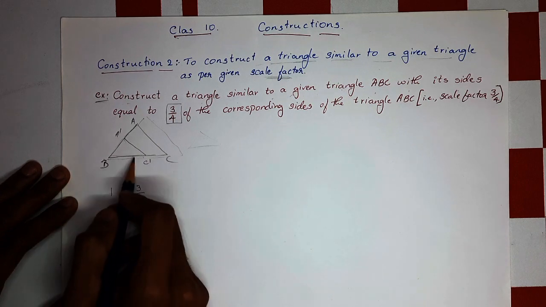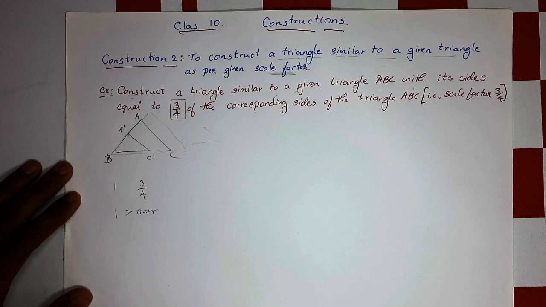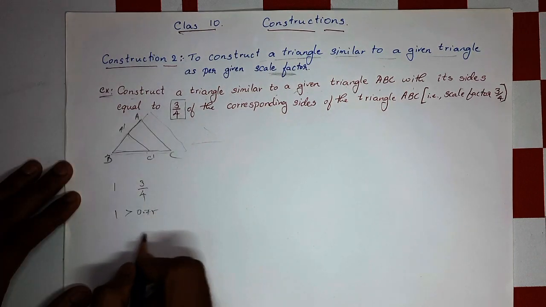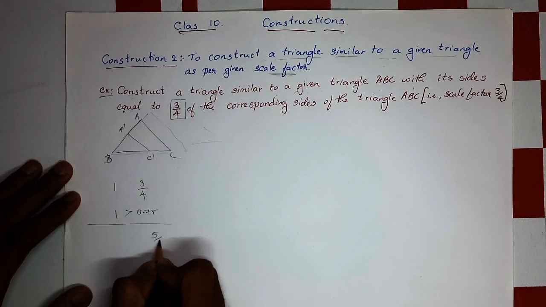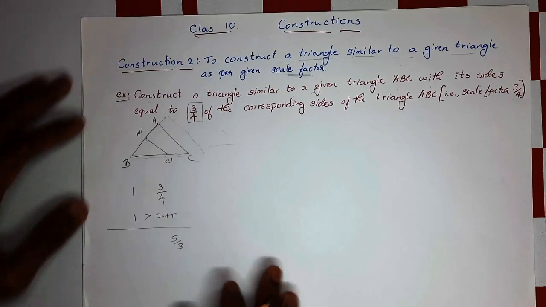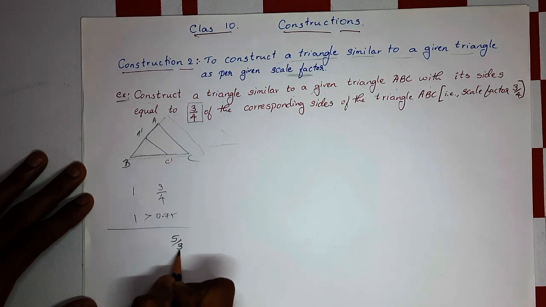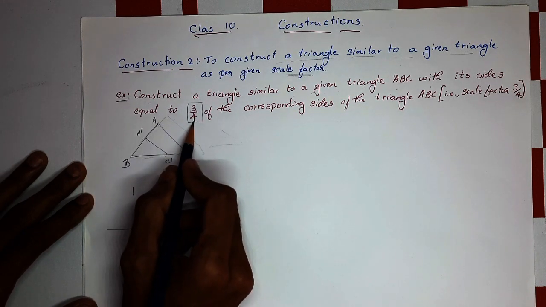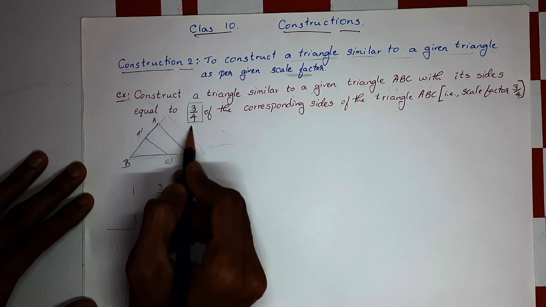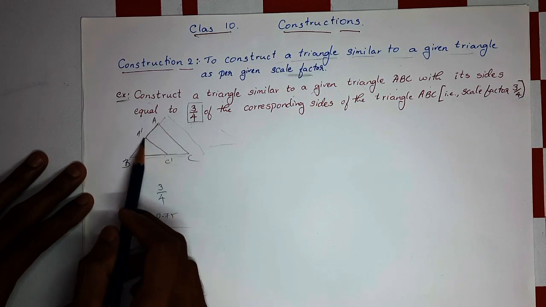Why is it inside triangle ABC? Because the ratio given is 3:4, where the numerator is smaller and the denominator is greater. If the ratio was 5:3, the numerator 5 is greater and the denominator is smaller, so the triangle we draw would not come inside.